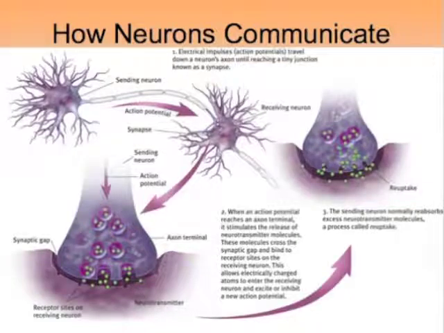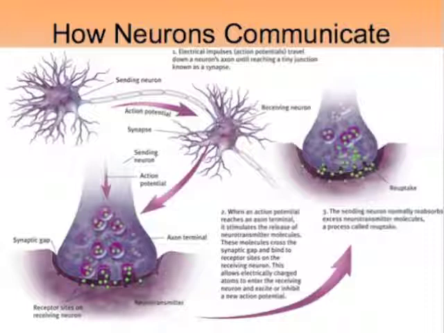And this is an illustration of how that occurs. So as you see, the sending neuron has an action potential. Once it reaches the terminal branch, it causes neurotransmitters to be released through the ends of the terminal branches, the buttons, into the synaptic gap.